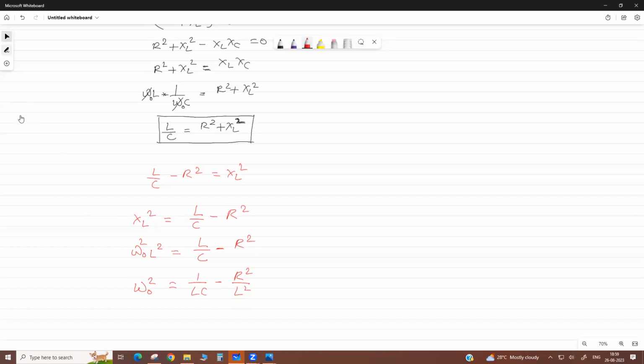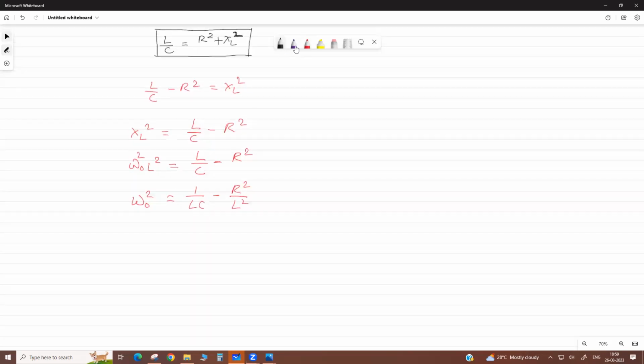So this is your resonant frequency. Now, therefore, your resonant frequency is under root of 1 by LC minus R square by L square. But it is in radian per second. Now if we calculate in Hertz, cycles per second, then omega naught means 2 pi f naught equals to this.